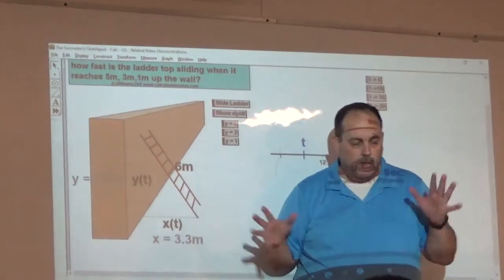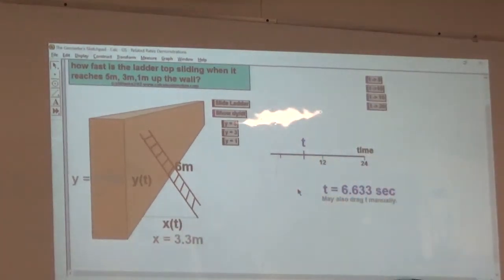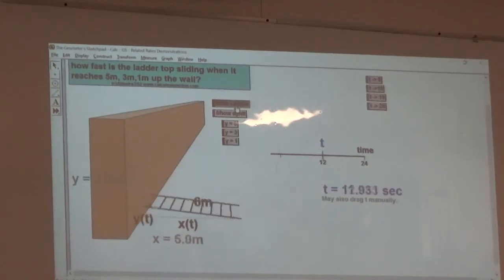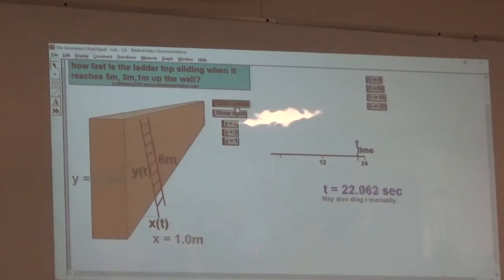Everybody okay? All right, so just so that you can see it, let me animate this. I want to slide the ladder. Part of the diagram does not work well. You'll see in a bit what's wrong. Anybody see anything wrong yet? Watch again. Here goes.